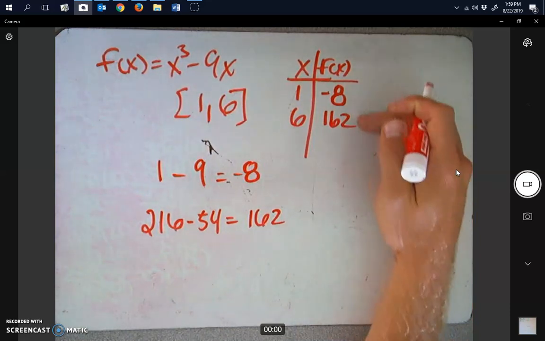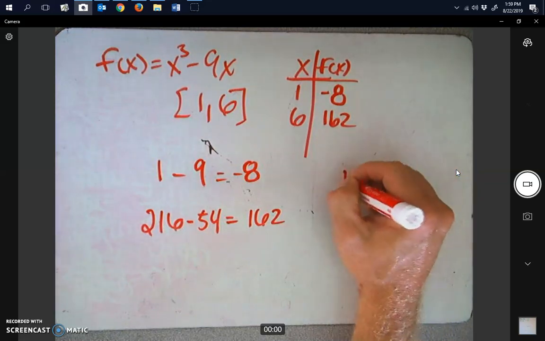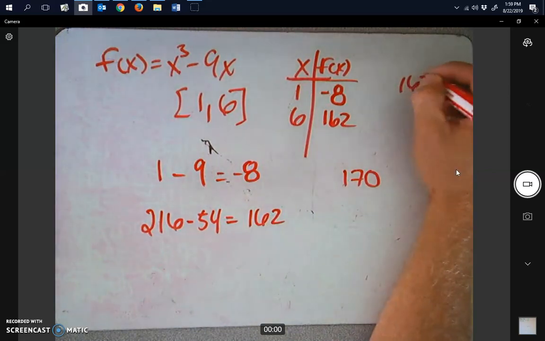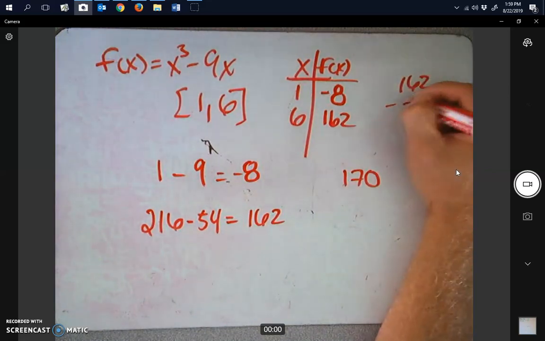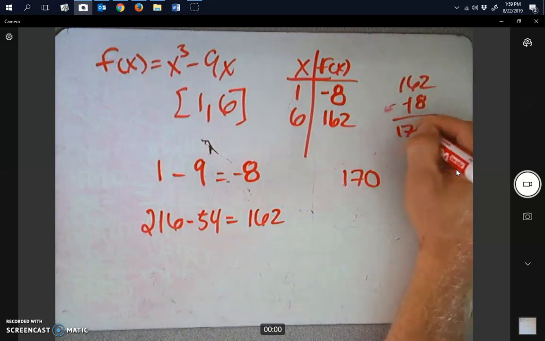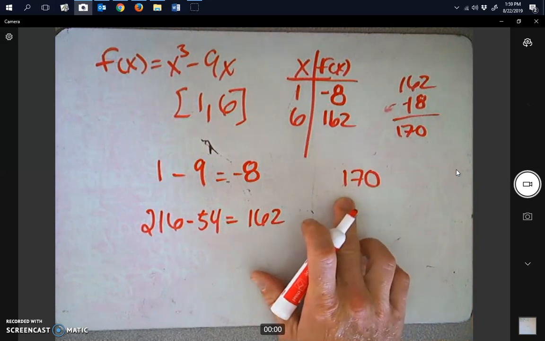So how far apart are these numbers? Well, from -8 to 162, we go a total of 170, right? Or you just do 162 minus a -8, which is really plus, and we get 170. And then the question says average rate of change.